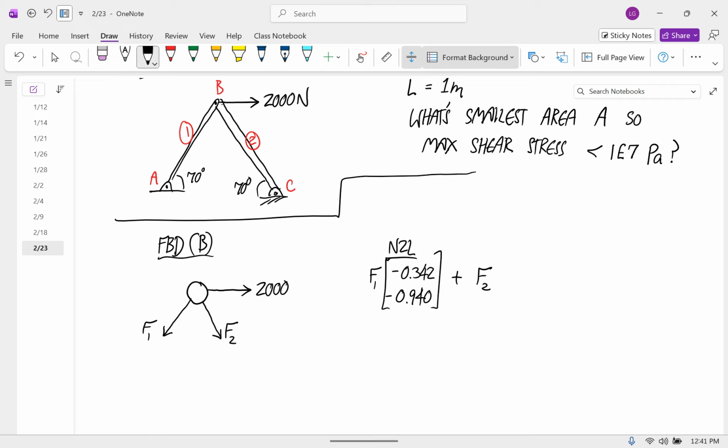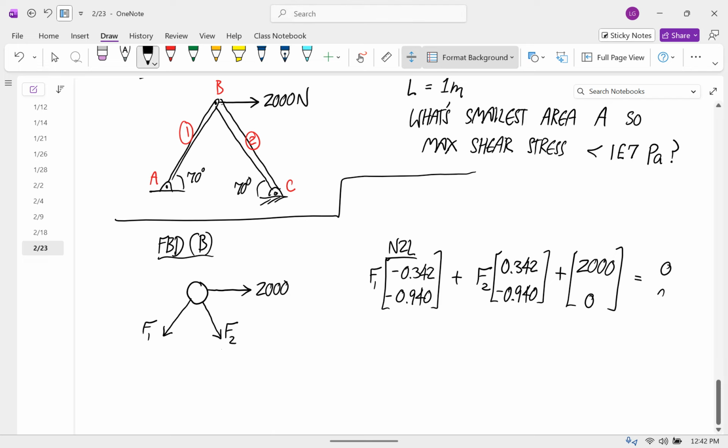Plus F2 times a unit vector in that direction, which would be positive 0.342, negative 0.940. Plus that 2,000 Newton force vector. So that's 2,000 in the positive X, 0 in Y. And this adds up to be the 0 vector.